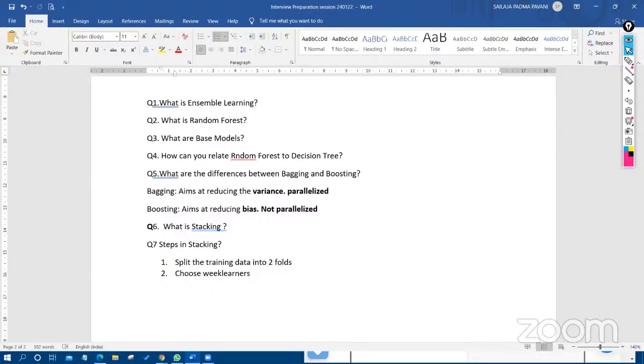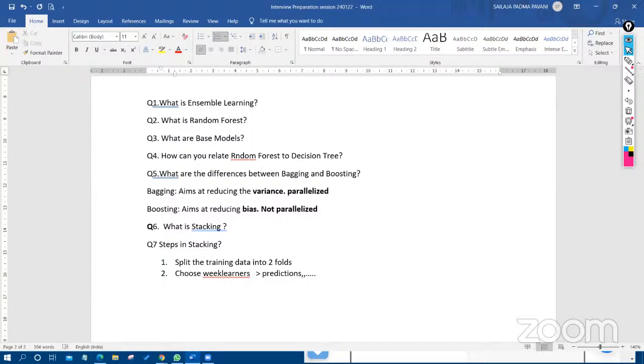These weak learners will give you some predictions, right? These predictions are going to be the observations of the second fold.